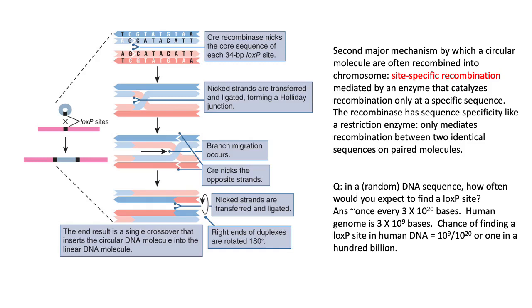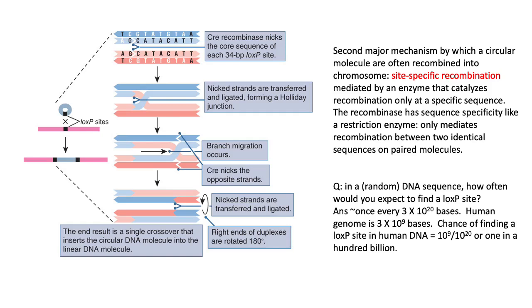And if there are two stretches of DNA with LoxP sites near each other, Cre recombinase will come along, and if it sees them, it will initiate a Holliday junction, which you might remember from earlier discussions of crossovers. And the Holliday junctions, thanks to the recombinase, get resolved by switching strands of DNA.